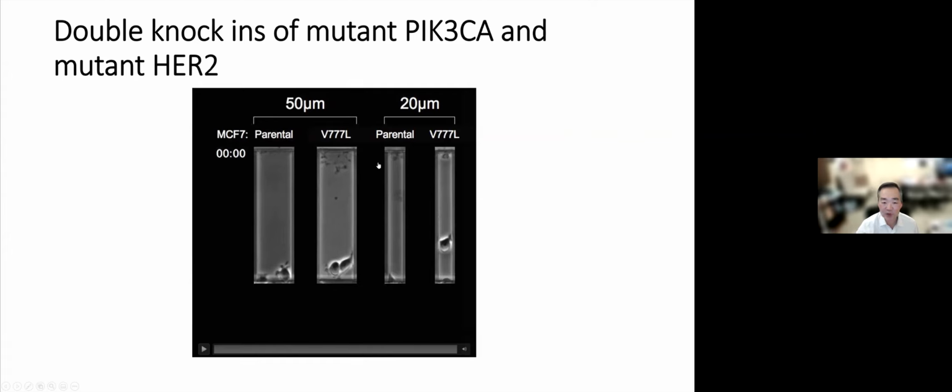So just for the sake of clarity, what you're really seeing here is just exon 9 and a double knock-in, so to speak, even though it just says HER2, because this is actually derived from the parental. But you can see here, once again, that these cells that have both HER2 and PIK3CA really have a phenotype where they migrate faster and maybe better, one might say.